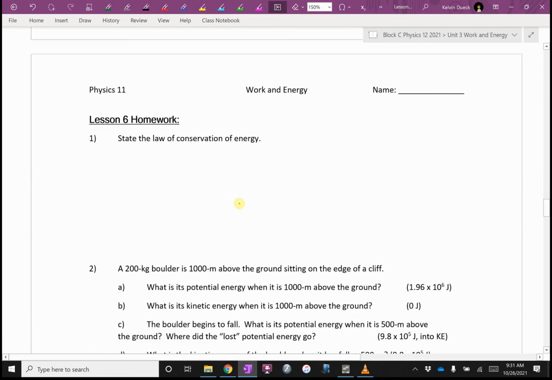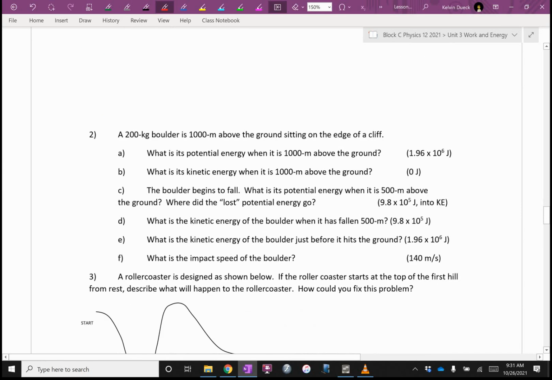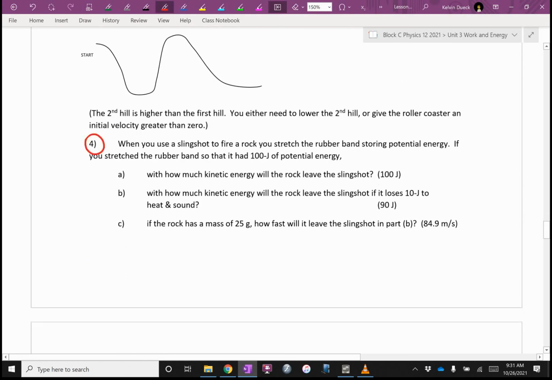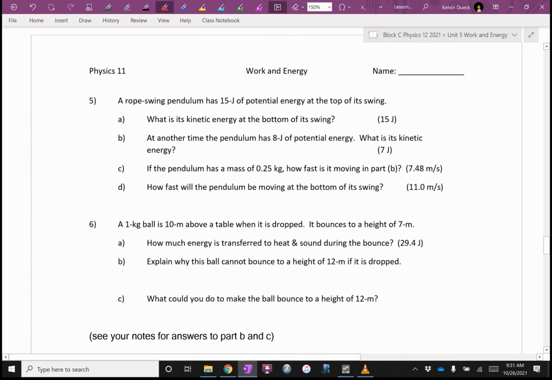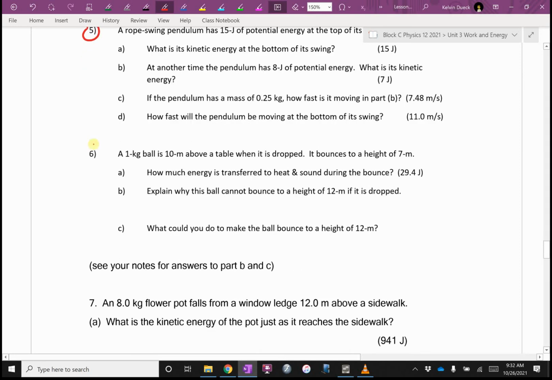What's your homework? Number 1? 2 is good, 3 is good. So 1, 2, 3. 4 is good. So far I've assigned them all. 5 is good. 6 is good.